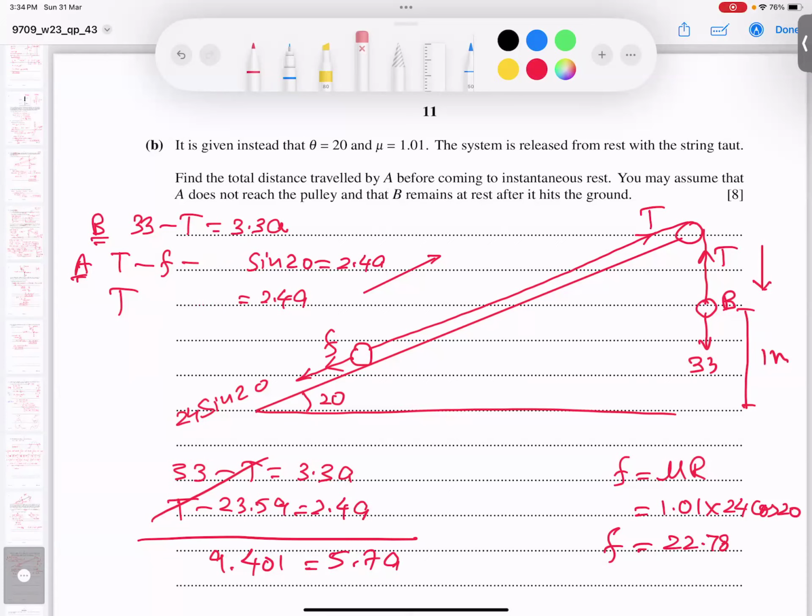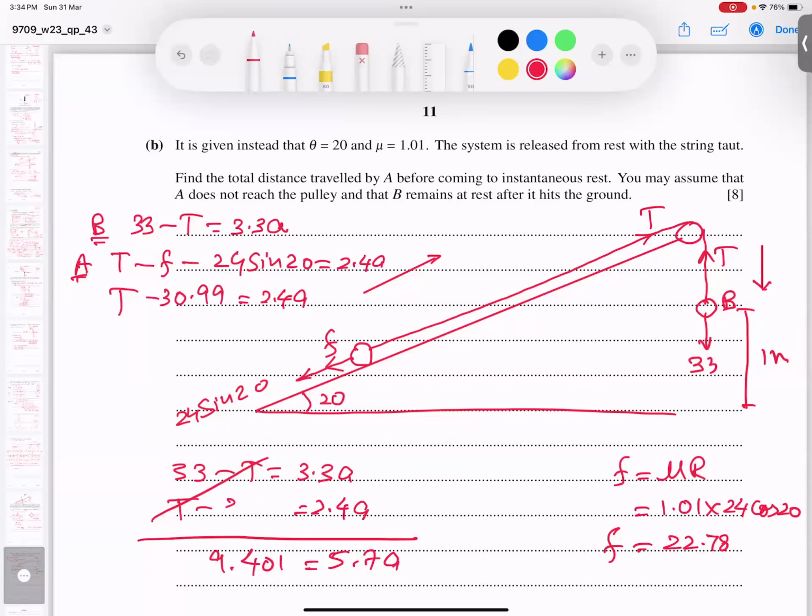So it means this is 24. Now I'm checking 24 cos 20 and plus 22.78. Yeah, it is coming now, correct? It was first negative 30.99.